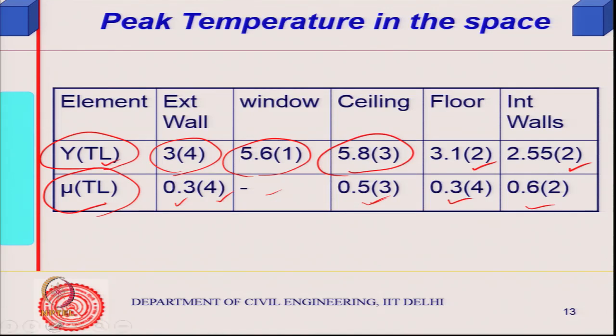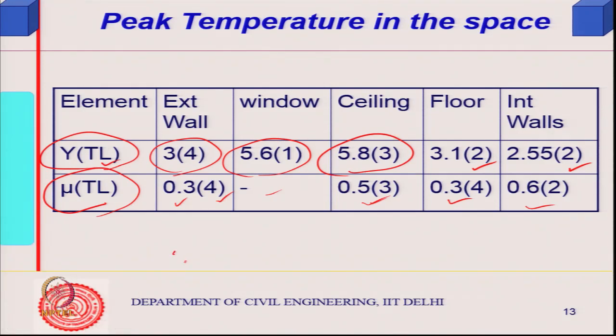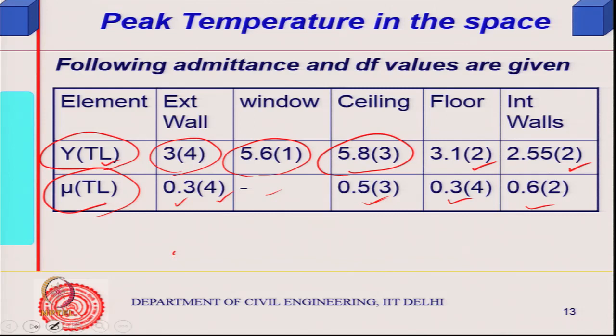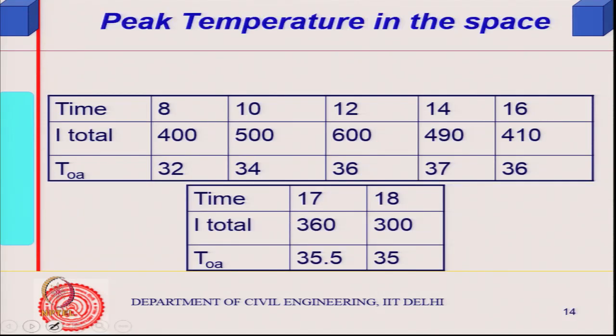So, now I want to calculate the inside temperature at peak time, the peak temperature I want to calculate. This is the data given. With this data given I want to calculate the peak temperature. Temperature data is given here. Time 8, radiation 10 am, 12 noon, 2 pm, 16 etc., and outside temperature values are given here, right.